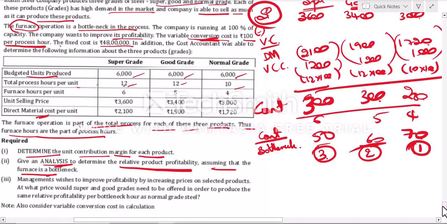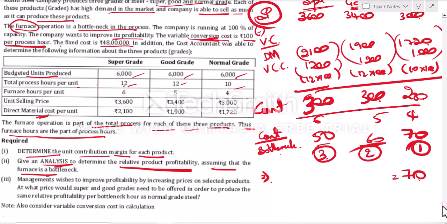So how to calculate that one? First, the contribution per bottleneck resource should be equal to 70. How to calculate the contribution? Selling price minus variable cost.